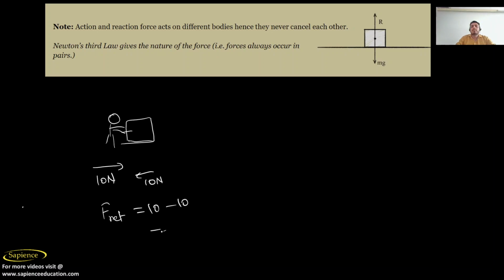So, for example, a person is standing here and tries to apply a force on this object to move it. If the person is applying a force of 10 Newton, then the object is also applying a force of 10 Newton. So F net will be equal to 10 minus 10, that is 0, because both are equal and in opposite directions.